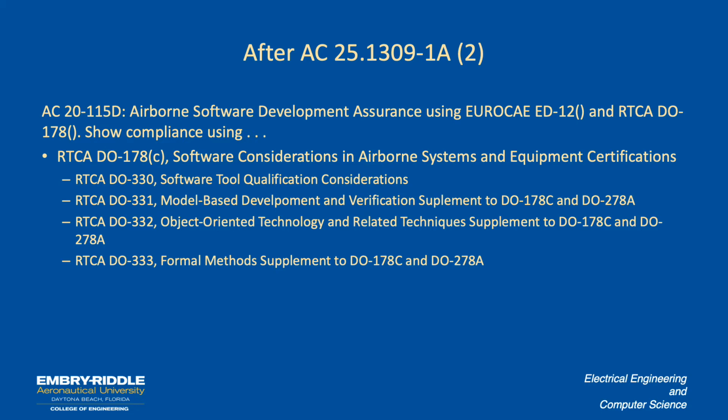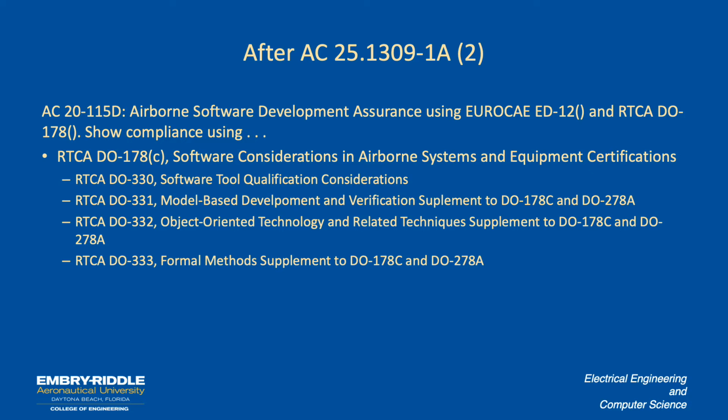331 and 332 refer to model-based development and verification and object-oriented technology. Prior to 332, object-oriented was not even allowed in flight systems. And even then, it has to be deterministic. So languages like C++ are okay, but Java, which has a garbage collection system that's performed randomly and stochastically, is not okay.